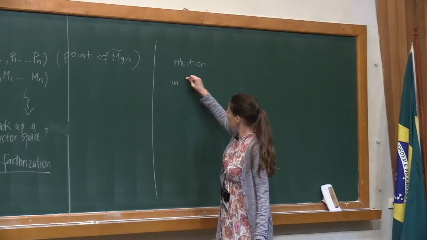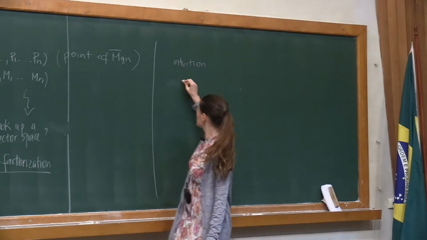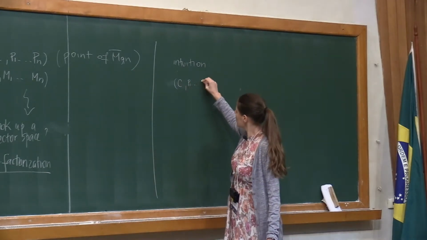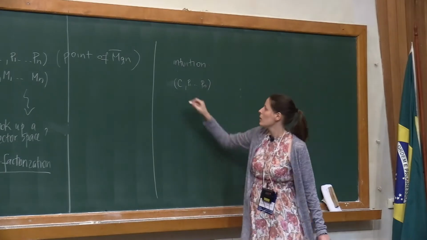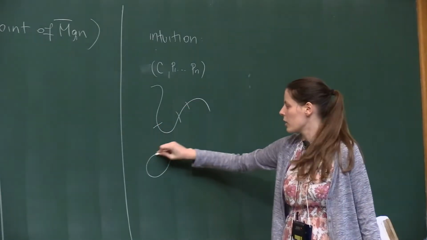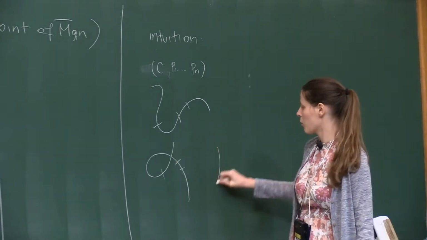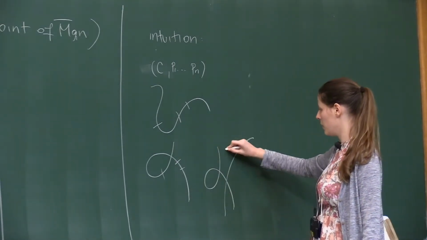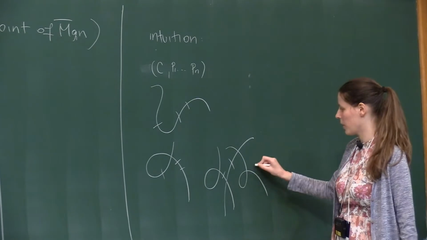So on M_{g,n} bar, maybe this curve here, this could be a curve with my endpoints, but maybe I have a curve which is nodal, or which has more nodes, or even maybe disconnected or something.